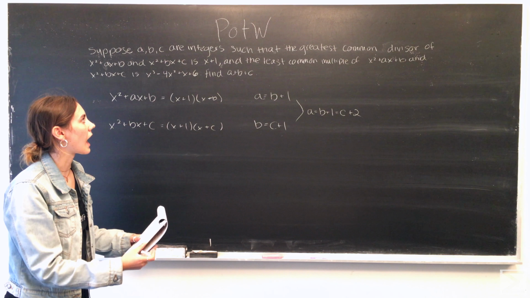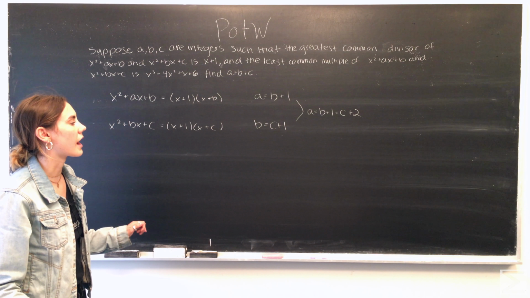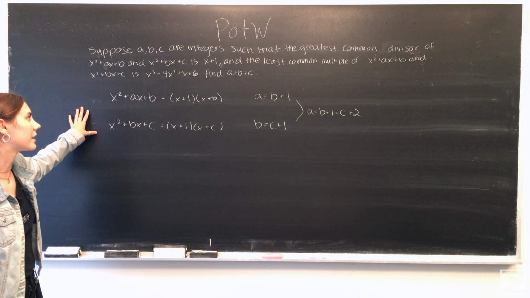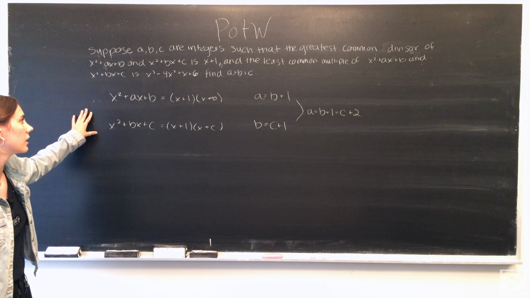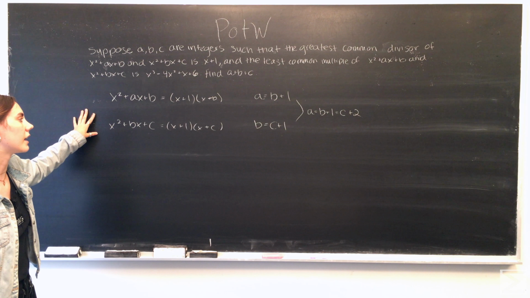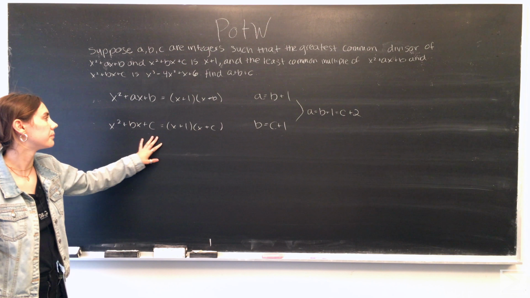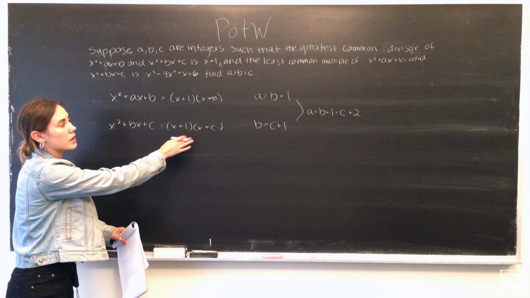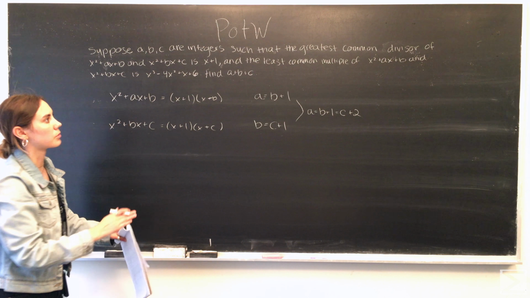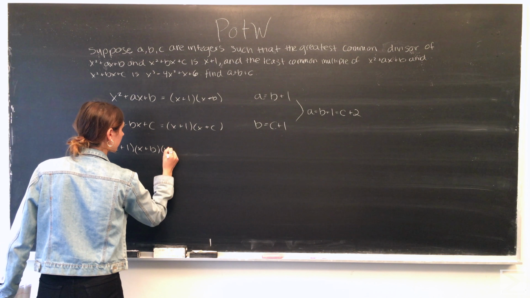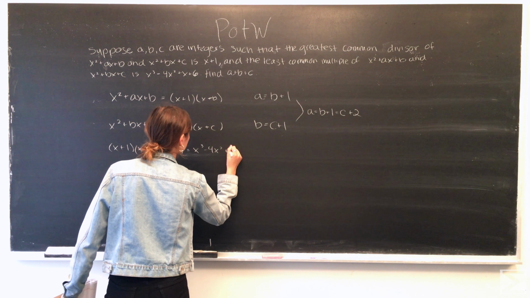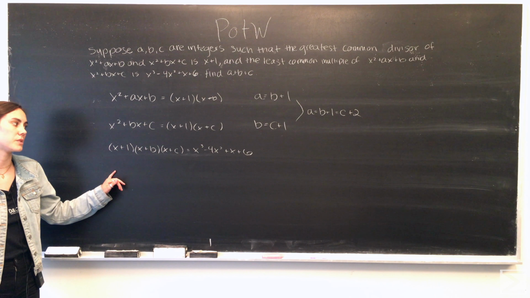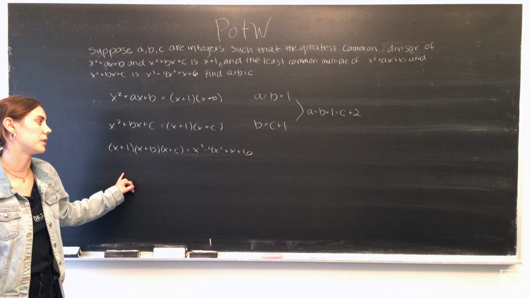Now let's look at the least common multiple of these two polynomials. We know that the least common multiple is x cubed minus 4x squared plus x plus 6. We can do a similar thing knowing the factors of each polynomial, and write out an equation for the least common multiple. Using the factors, x plus 1 times x plus b times x plus c is equal to the least common multiple.